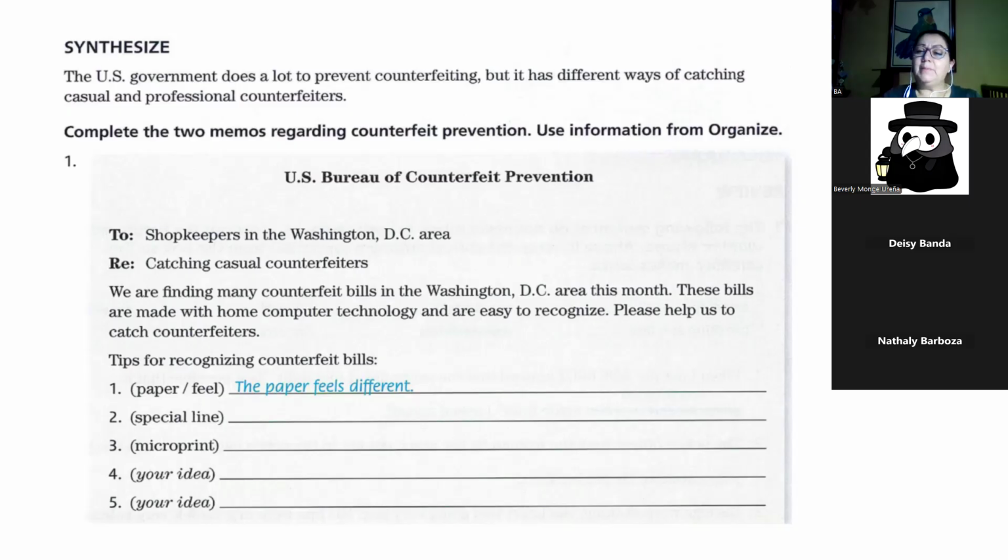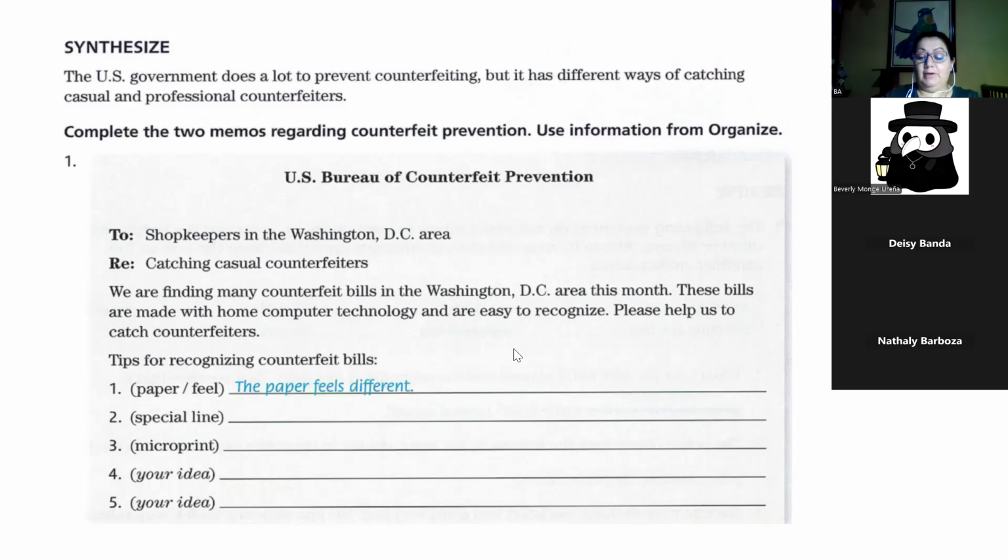And also it can be about the images, right? Yeah, the 3D image in the $100. Okay, for example. So what are you doing now? You're synthesizing, okay? In your own words, you're thinking of the characteristics, but writing a sentence in your own words.